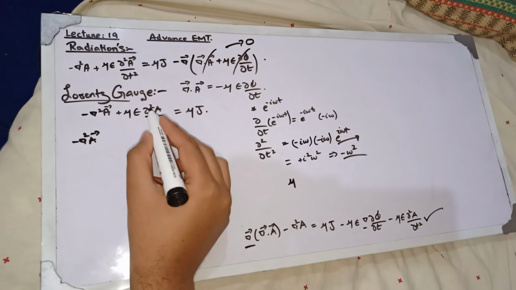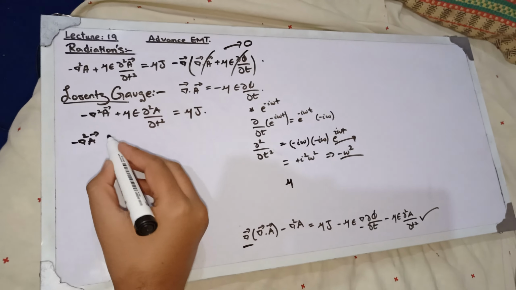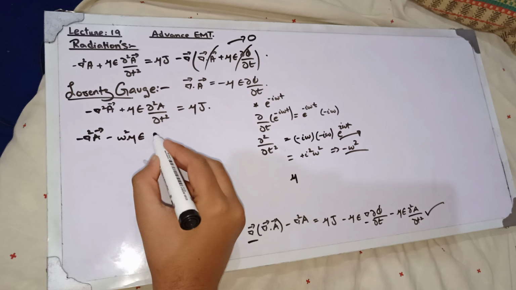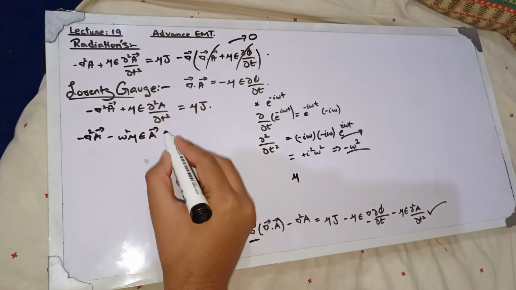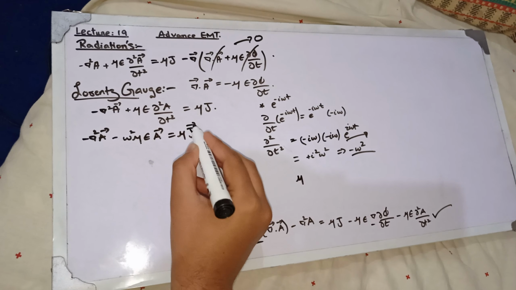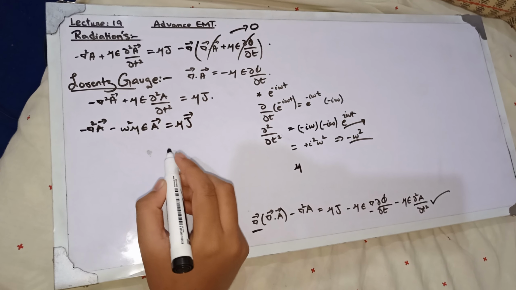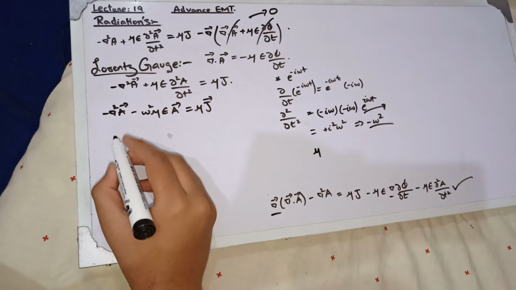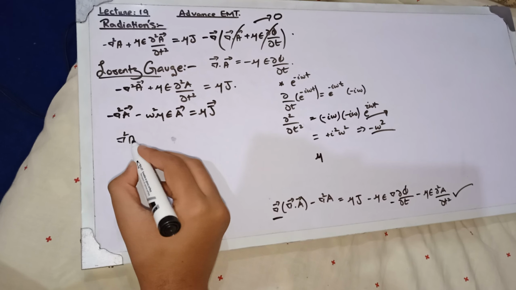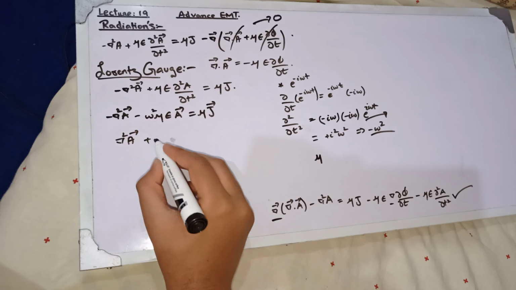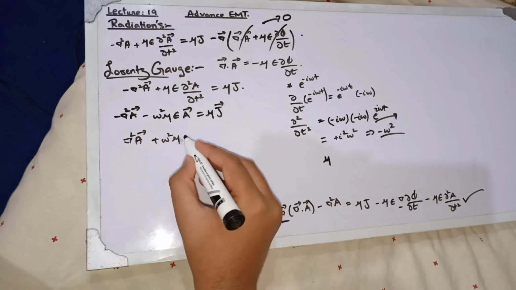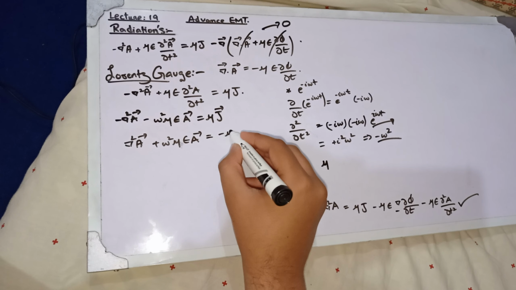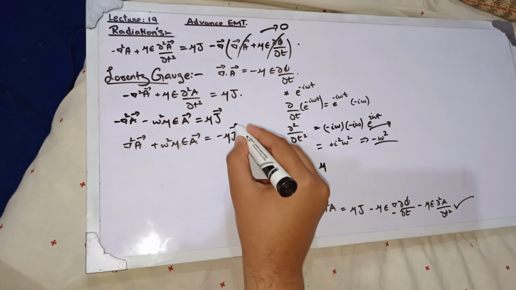Because partial square by partial t square becomes minus omega square, so minus omega square mu epsilon a as it is equals mu j. Now if I take minus common and move to the other side, it becomes del square a plus omega square mu epsilon a equals minus mu j.